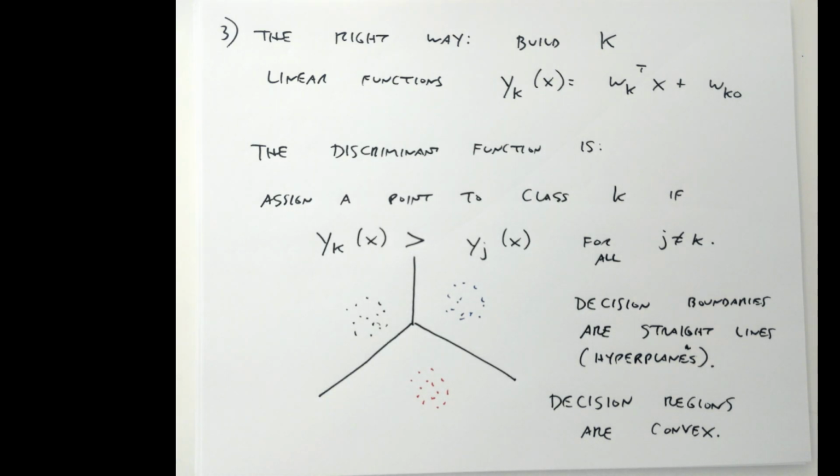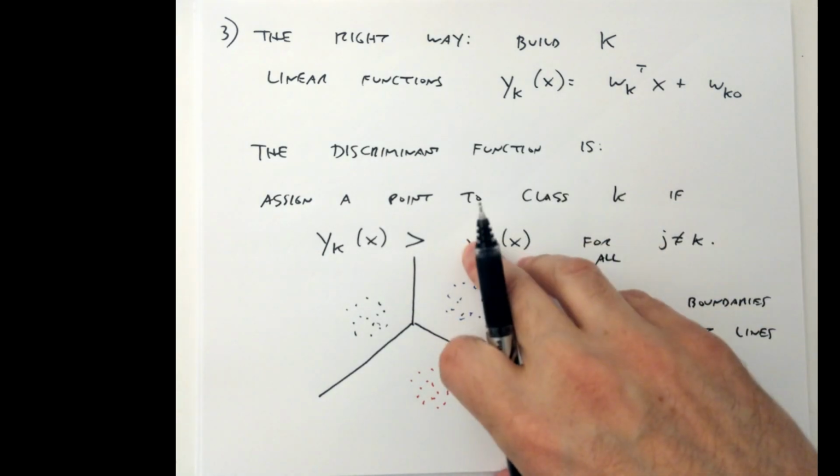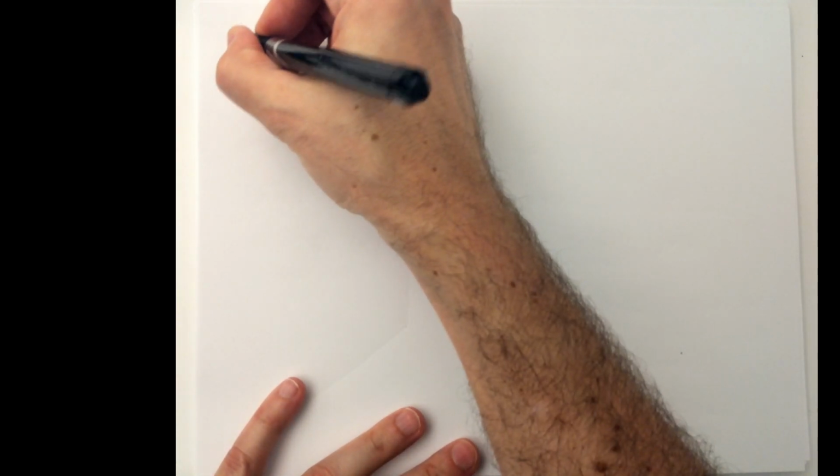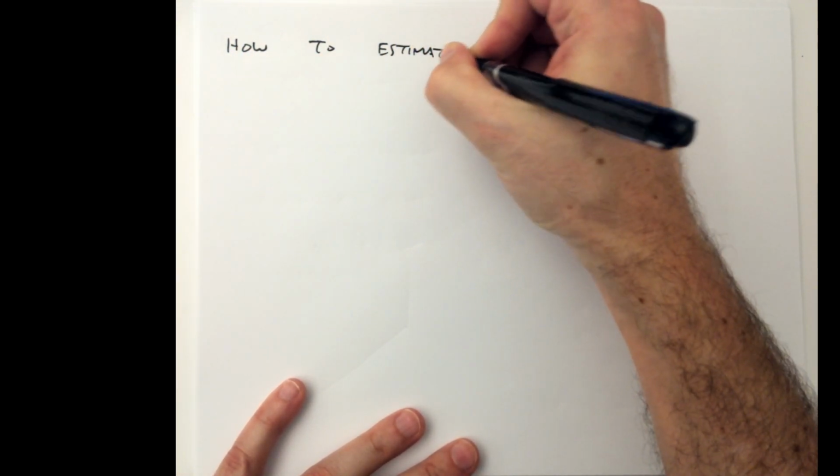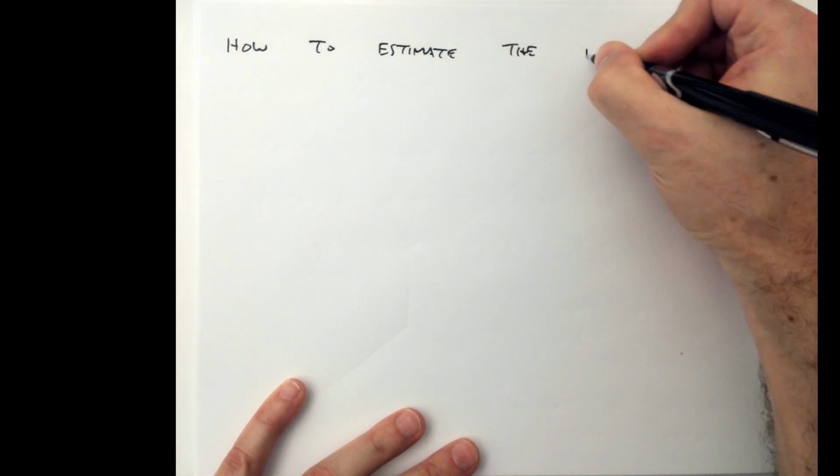Okay, so let's talk about how we actually estimate those parameters. One natural way to think about it, but probably not the smartest way to do it, is to apply our regression techniques from last time to this problem, right? So how to estimate the best parameters?